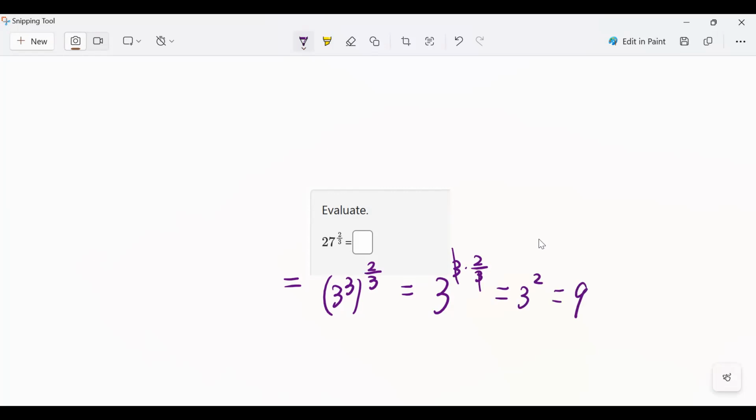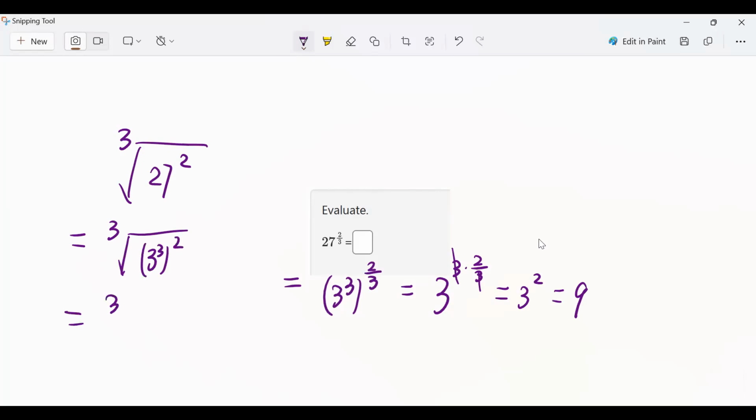And if you want to do the root, the denominator becomes cubic root, and then we get 27 squared. And here, 27 squared is actually 3 cubed to the second. Then we do cubic root of 3 to the 6, and we do 3 using the inner exponent 6 by index 3.